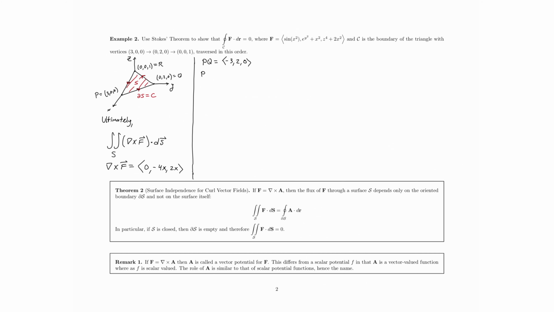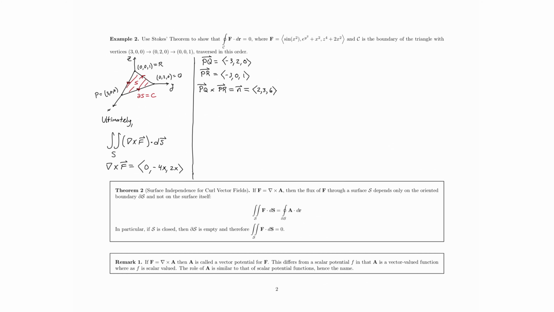The vector PR would be 0 minus 3, 0 minus 0, and 1 minus 0. Then if we do PQ crossed with PR, this should give us the normal vector to the plane. If we actually do this cross product, the normal vector is (2, 3, 6).